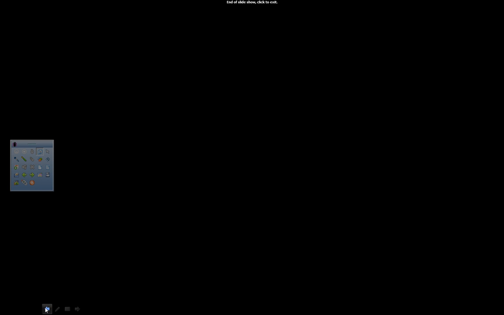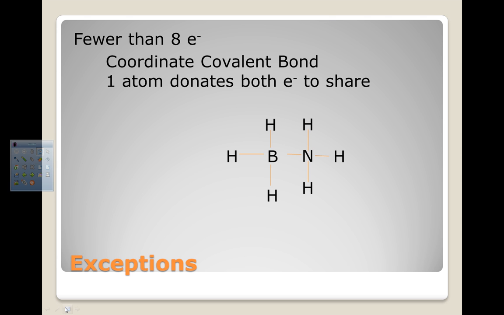Oh, last vocab term for this section, coordinate covalent bonds. I actually showed you a couple coordinate covalent bonds, but I didn't point them out to you and name them. A coordinate covalent bond just means that both the electrons came from one atom. So, for example, this bond right here. Boron only has 3 electrons to share.